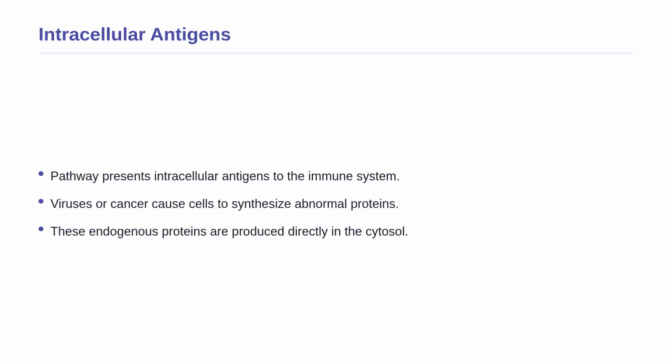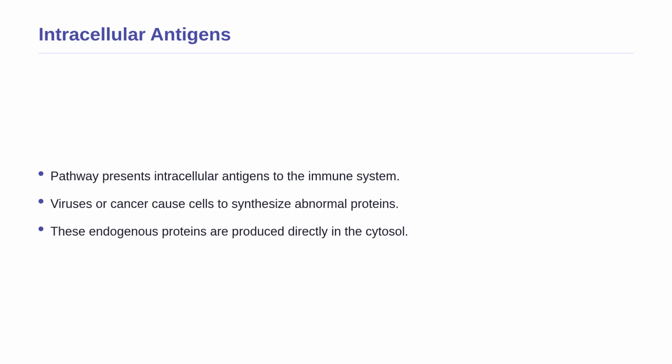Now that we have our factory analogy in mind, let us look at the biological reality. This pathway is a highly regulated cellular mechanism used to present antigens that originate from inside the cell. When a cell is infected by a virus, or when it undergoes a cancerous transformation, it begins synthesizing foreign or abnormal proteins right there in its cytosol.